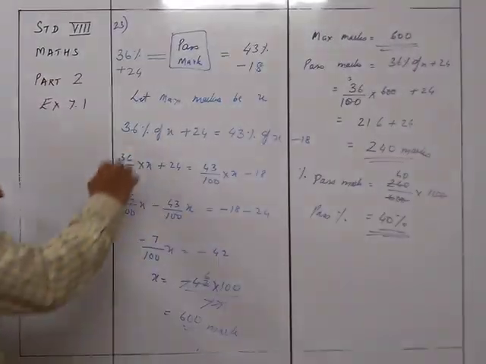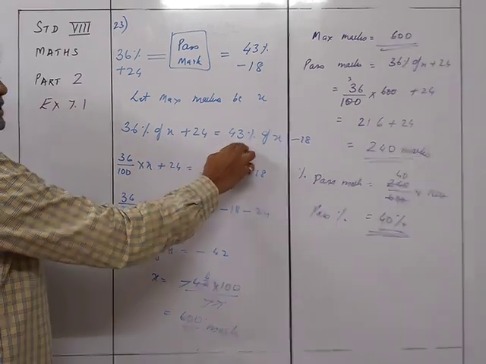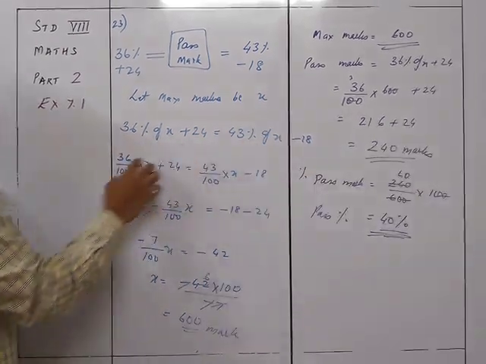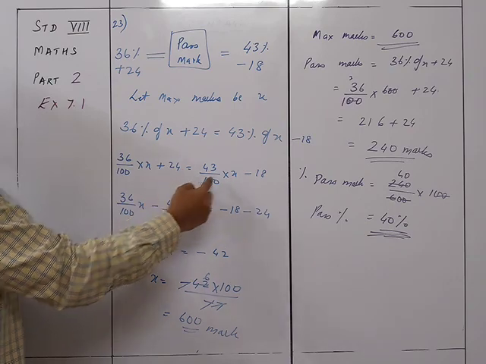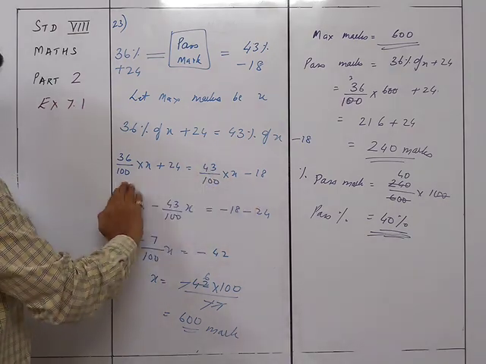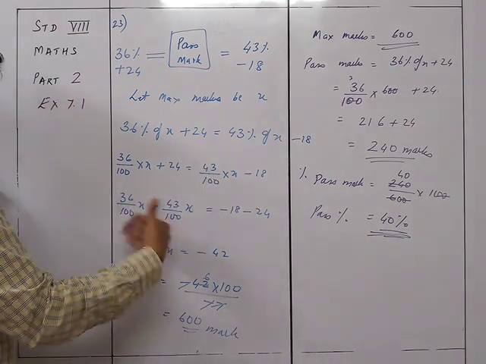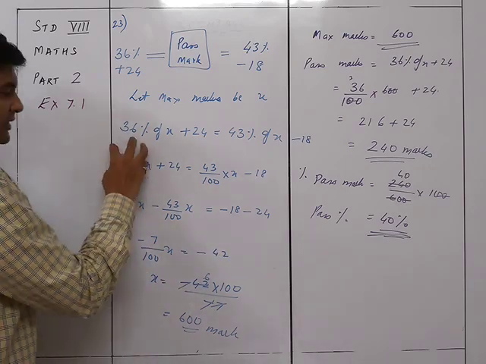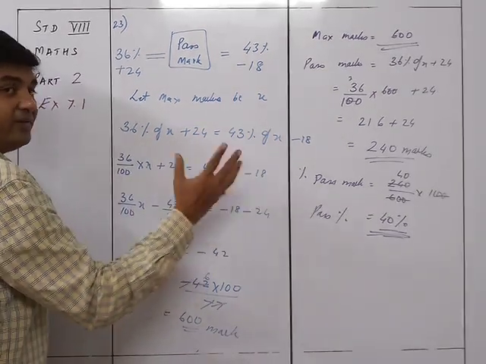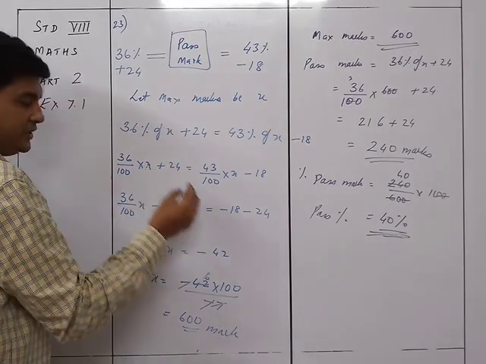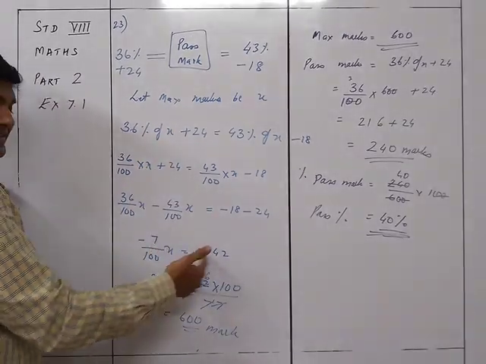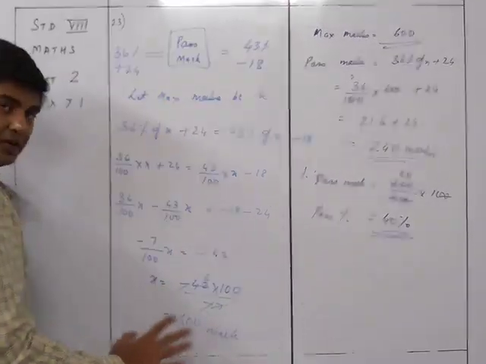So that's why you get 36% of x plus 24 is 43% of x minus 18. So this is nothing but 36 upon 100x plus 24, 43 upon 100x minus 18. You can keep this also over here and this also है, तो negative का sign चला जाएगा. अगर if I pick 36x over here, then I will not have a negative sign. Minus 18 comes here will be positive. So it will be, दोनों cancel हो जाएंगे. But answer same ही आएगा. Don't worry.